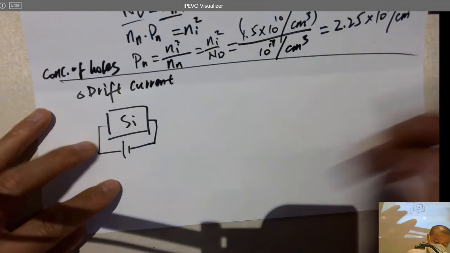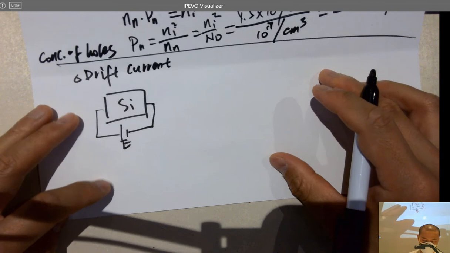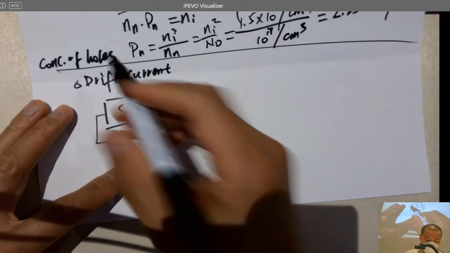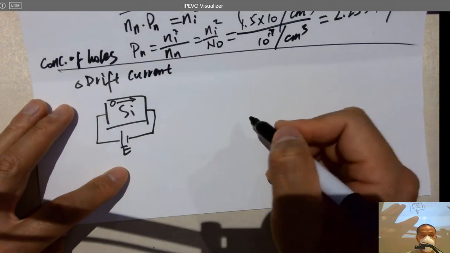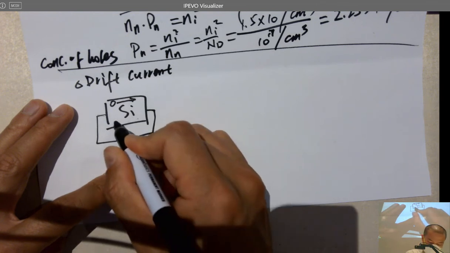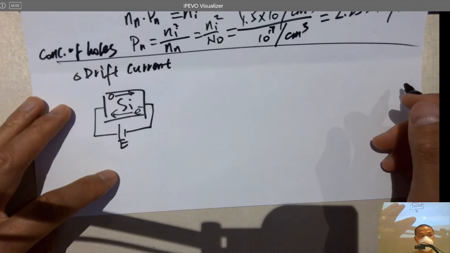And the electric field is called E. Holes are going to move in that direction, or drift in that direction, and electrons are going to move in that direction.